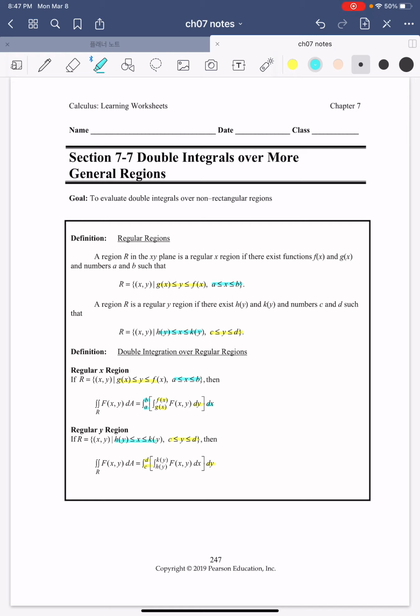In the other case, x will be the function. So same idea: instead of numbers, you input the function value and we integrate it twice. For the regular x region and regular y region, we do have a different answer, so order matters this time.